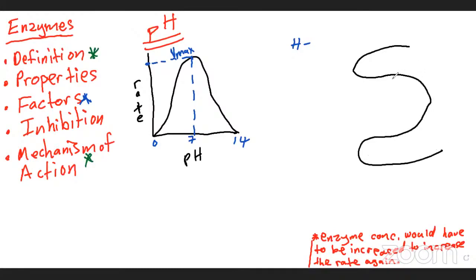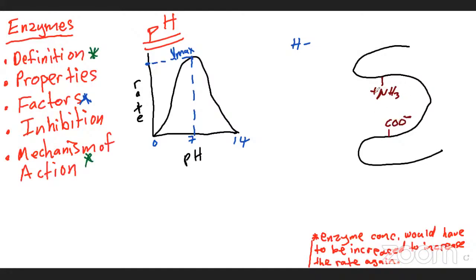So let's say this is a protein and it's folded, right? The reason why this can fold there, let's say you have an amino acid side chain here, NH3. The NH3 will have a positive charge. And let's say down here, you have a particular side chain, which is COO minus.